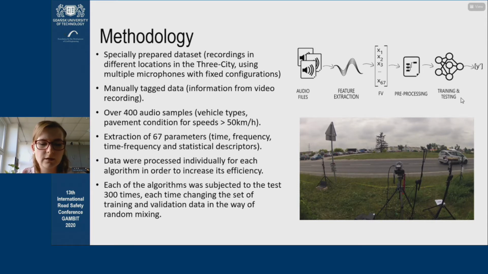The vector of the features, depending on the selected method, was chosen. So a pre-processing method was devised, so the recordings were clarified in a certain way in order to get the best effectiveness for each algorithm. Then each of the algorithms was trained 300 iterations, for 300 times.